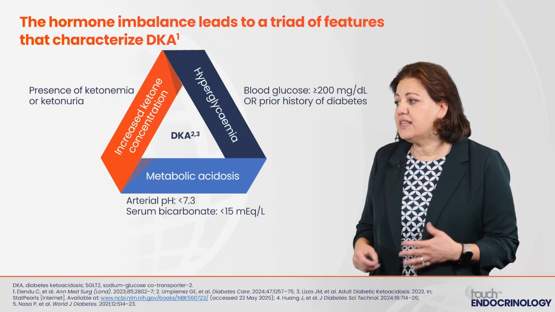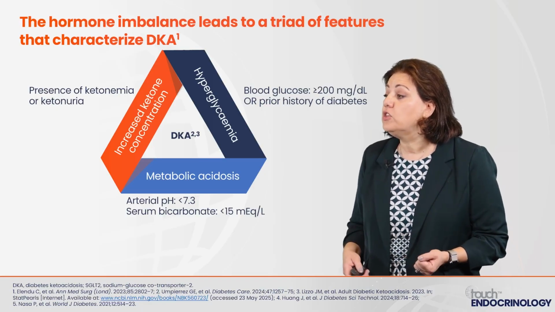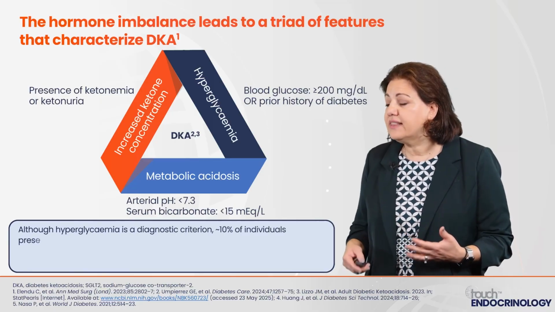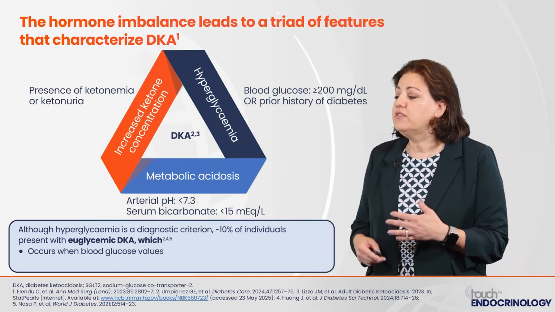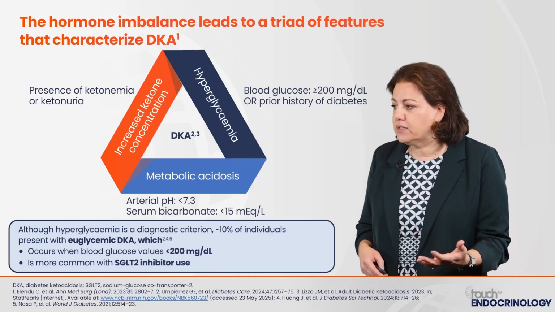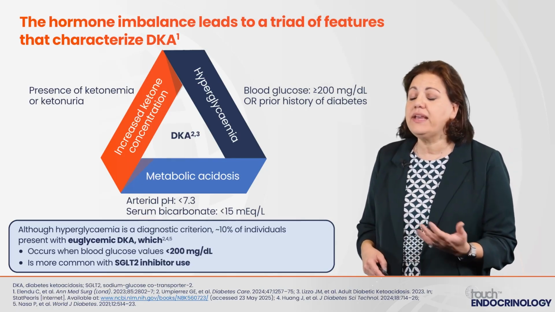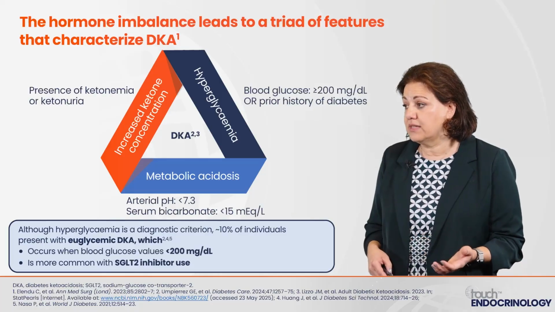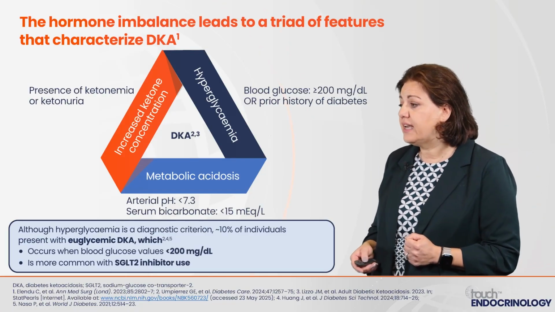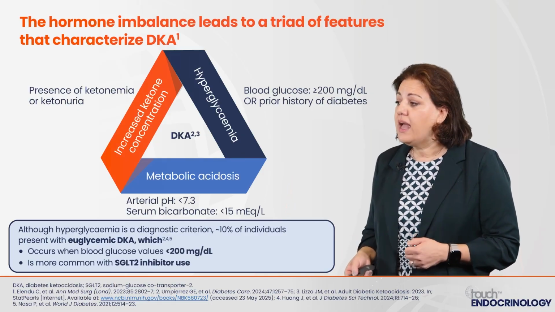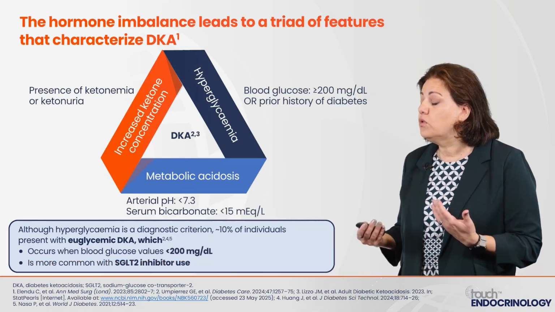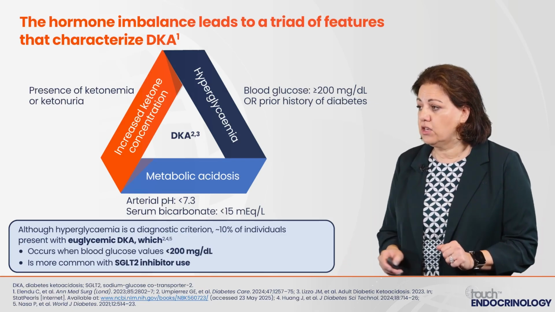It's due to the fact that some individuals present with euglycemic DKA, meaning that their glucose is not elevated at the time of presentation. So if somebody has a history of diabetes, we want to be thinking that they could present with DKA despite not having an elevated glucose level. And this is especially true if an individual is taking SGLT2s, as this can lead to lowering of glucose levels through glucose excretion in the urine.